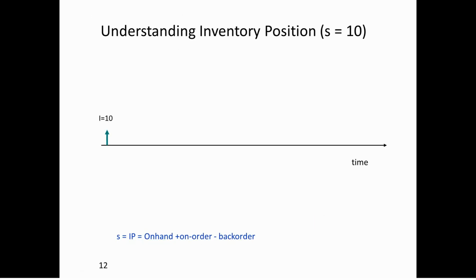So let's take a look at that more closely. Let's just say that at first our inventory position is equal to our base stock level, which is our on hand plus on order minus our back order. Now let's just say that we start with 10, and on the first day we get a demand for 2 units.